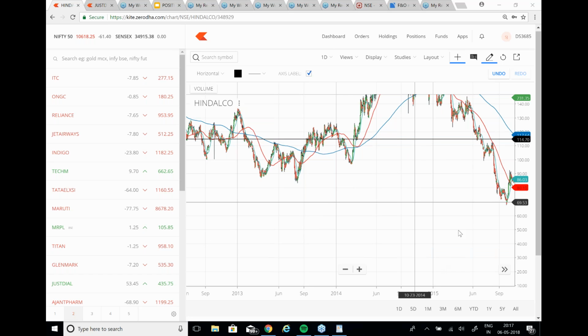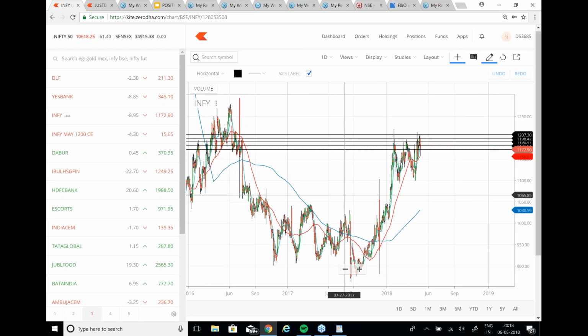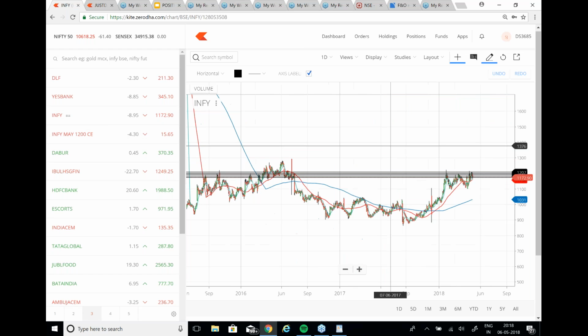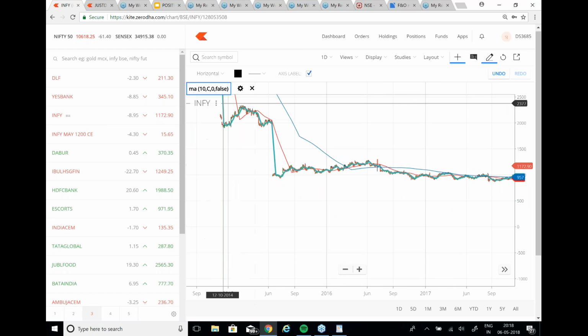Now let me take you through an example, right? An example of INFI. INFI has taken support various times from the same point and formed a double bottom many times, right? So this is after the stock split. Just remove all these drawings.